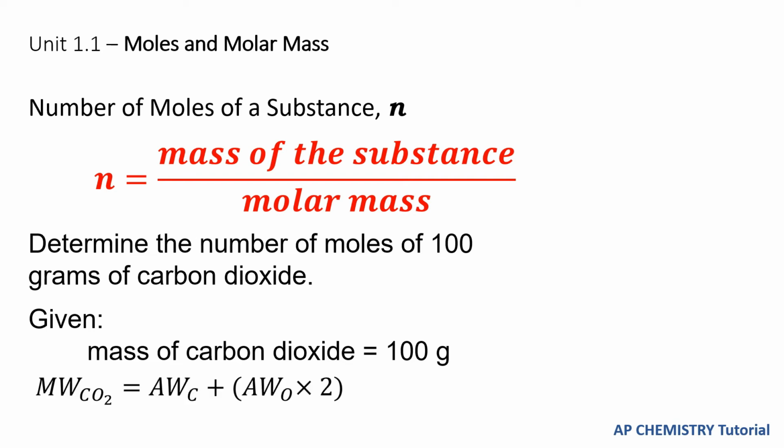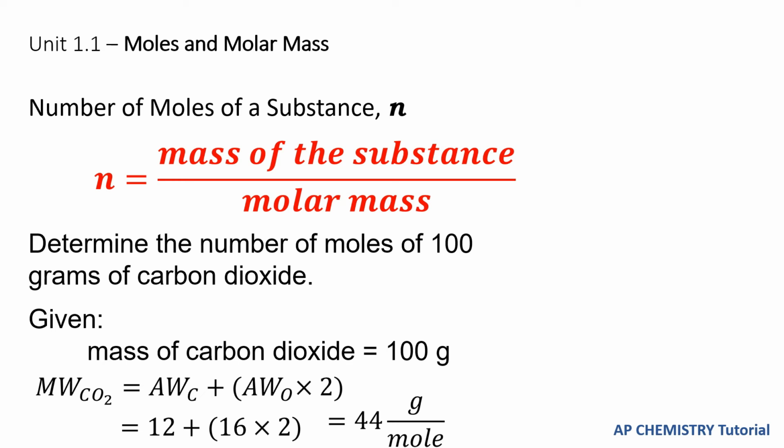And the molecular weight for carbon dioxide, or CO2, will be the atomic mass of carbon plus the atomic mass of oxygen times 2. So 12 for carbon plus 16 for oxygen, and then you have to multiply that by 2. So you have 44 grams per mole. That is the molecular weight of our carbon dioxide.